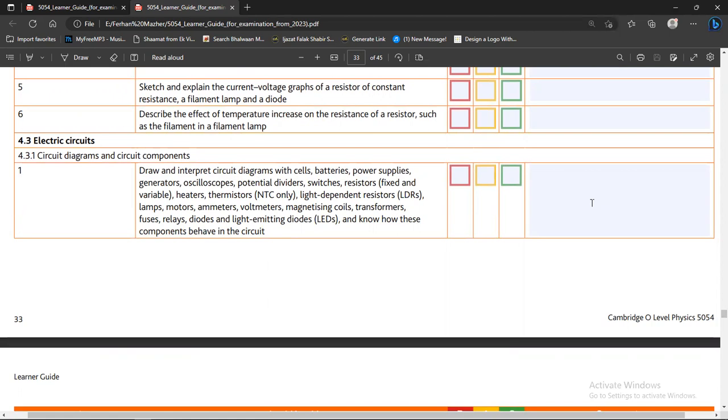Electric circuits, circuit diagram and circuit components.